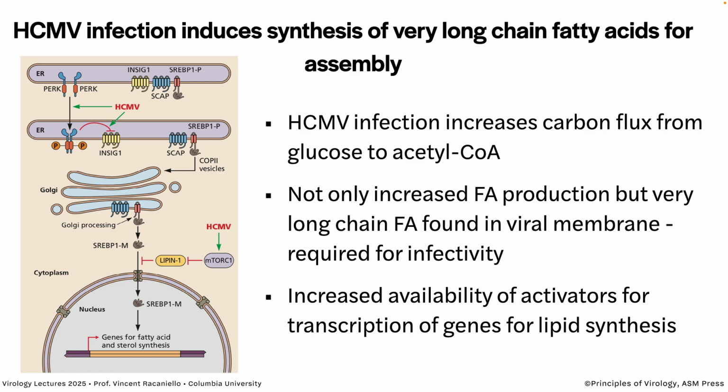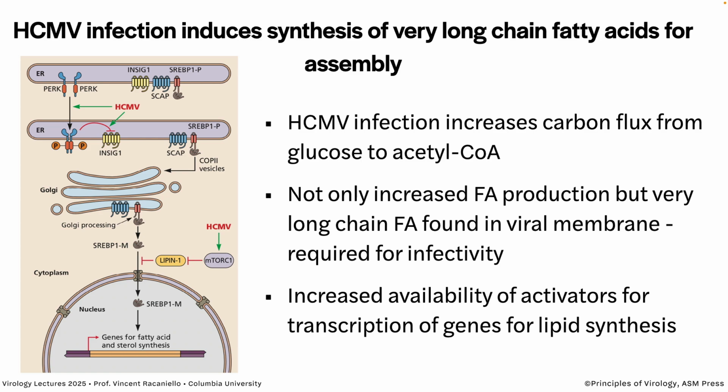There's PERK, just to remind you of your old friend. So here's the ER membrane. And SREBP1, this is it right here, is held in the membrane. When you have infection with HCMV, it makes glycoproteins, of course, it activates PERK, and it stimulates the release of SREBP1 from the ER into vesicles.